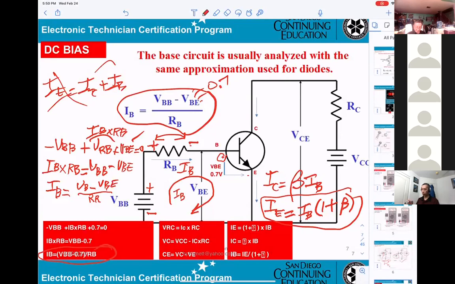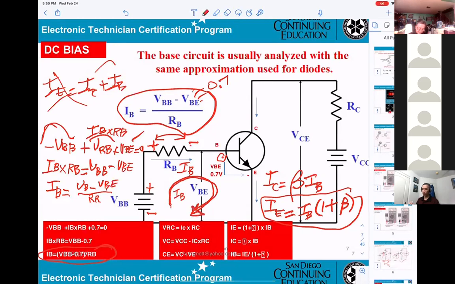Mr. Pham, could you please repeat why VBB is minus? In this formula here, I draw the loop voltage, the current goes this way.